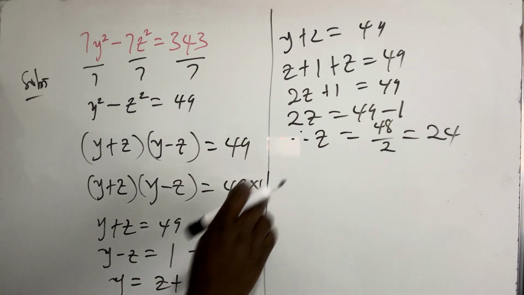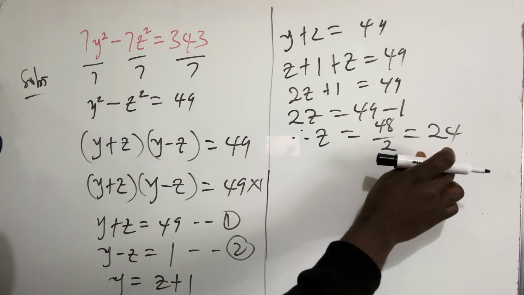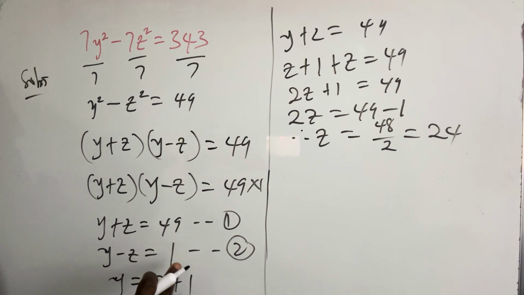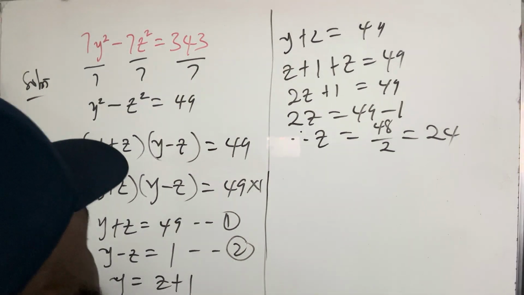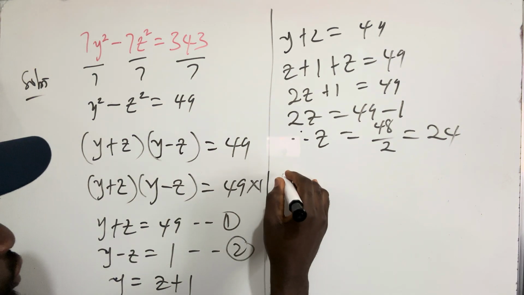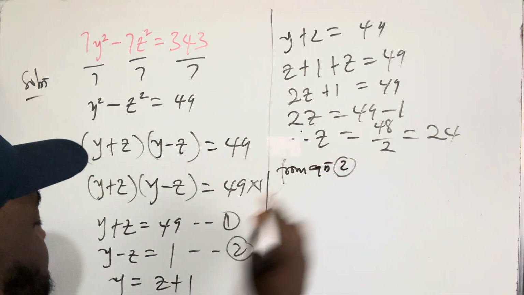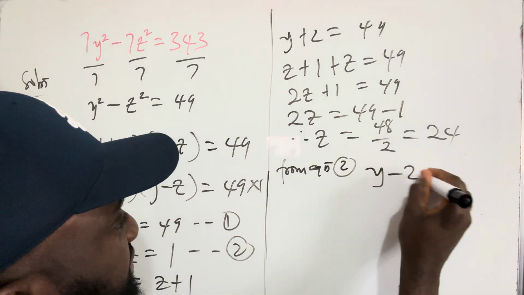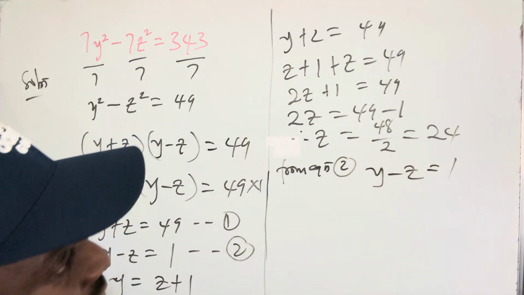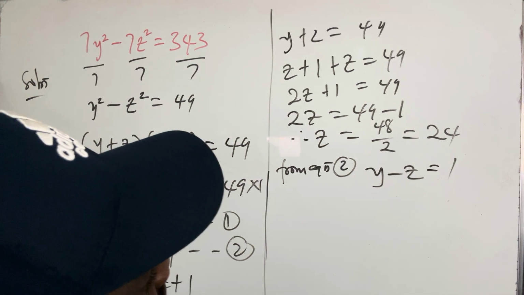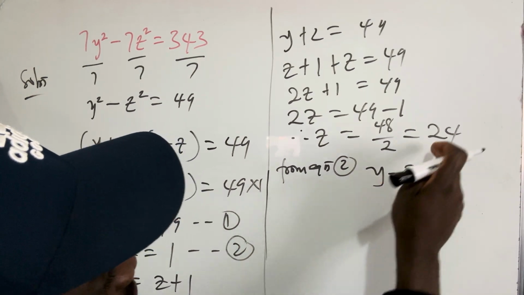To find y, substitute z equals 24 in equation 2. You could use either equation, but let's make it easier for us. From equation 2, y minus z is equal to 1, and z is already 24.